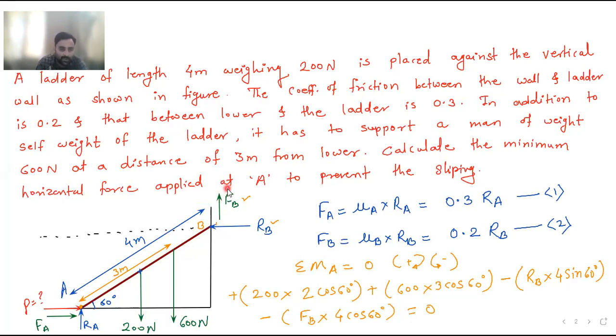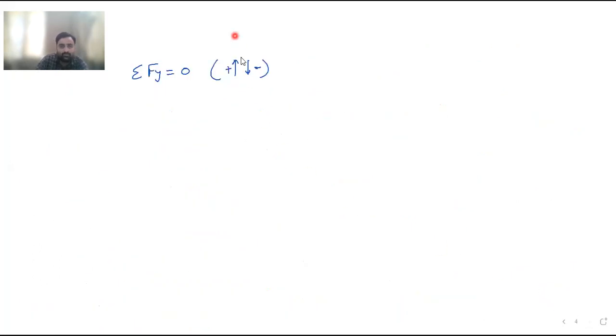FB is plus. Okay, 600 is moving downward, so it is minus. 200 is also moving downward, so it is also minus. And then this RA is moving upward, so it is plus. So RA and FB are plus, and 200 and 600 are minus. So that I will write over here. RA plus FB minus 200 minus 600 is equal to 0.